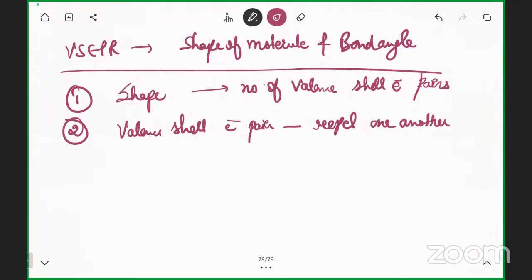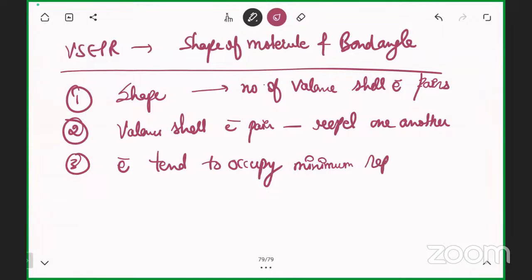It means there is a repulsion between the electron pairs present in the valence shell. The third thing it tells is that electron pairs tend to occupy minimum repulsion. Why minimum repulsion?